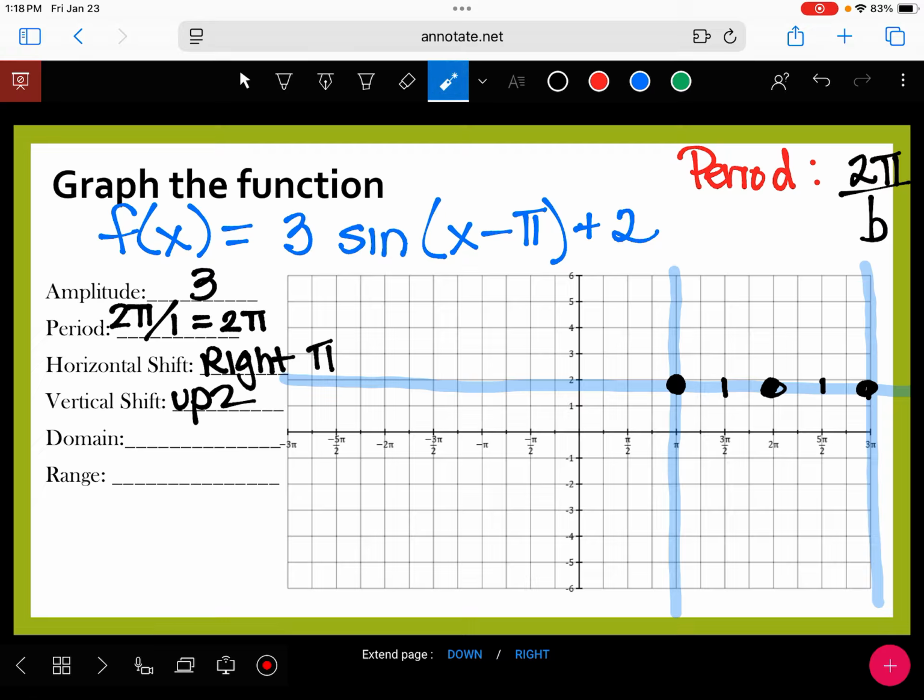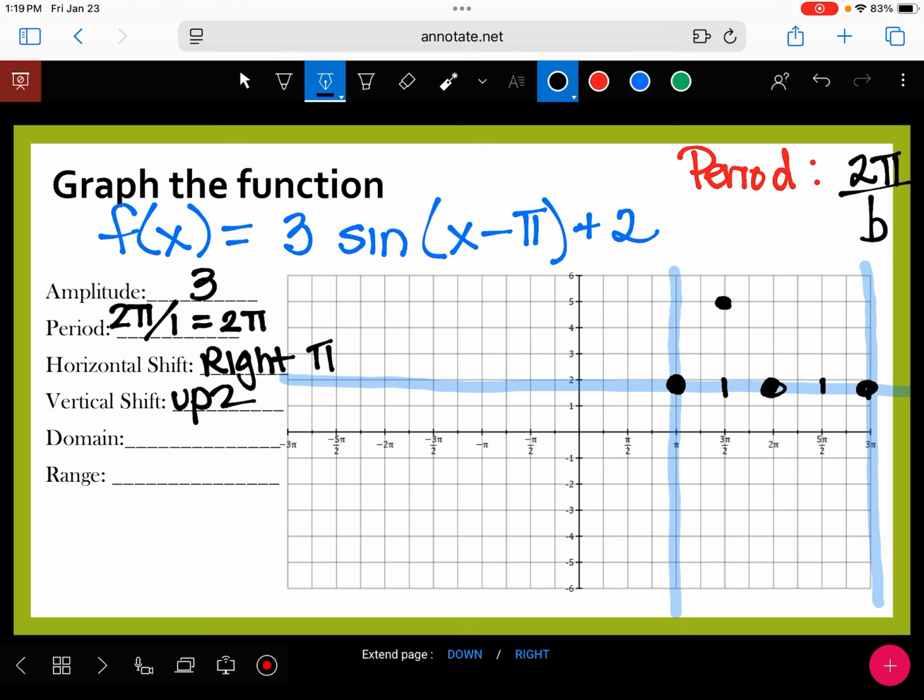Then I know in between these 2, am I going to go to the top or to the bottom? To the top. How many hops do I have to go to get to the top? 3. 1, 2, 3. So I'm going to go up to 5. And then at 5 pi over 2, how many hops do I have to go down to get to the bottom?